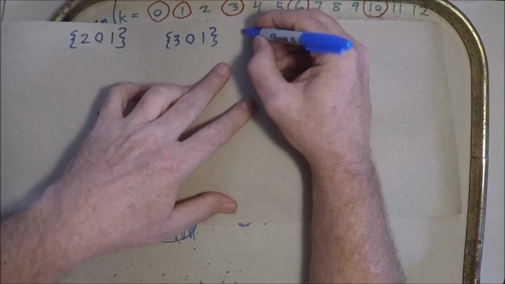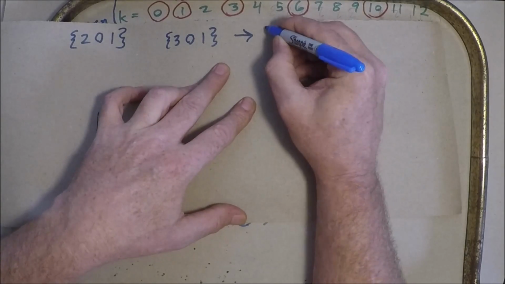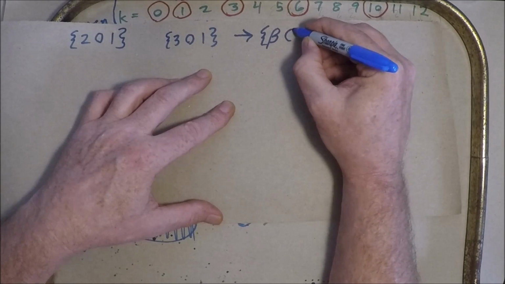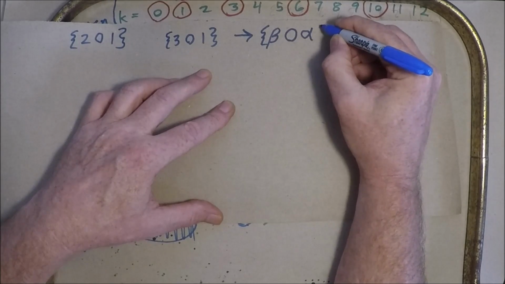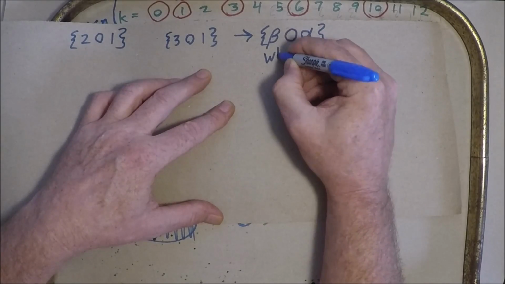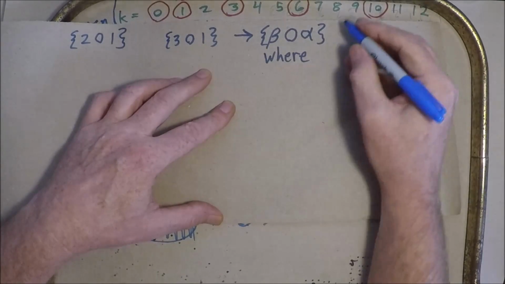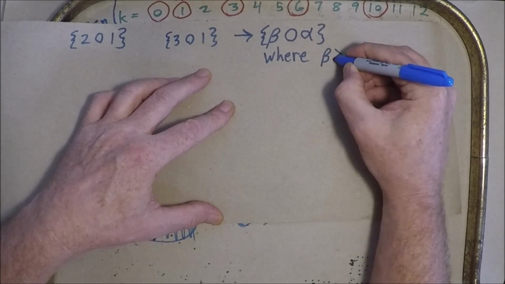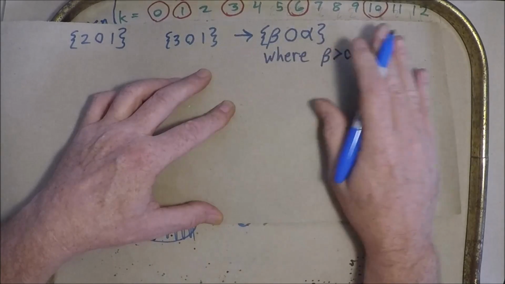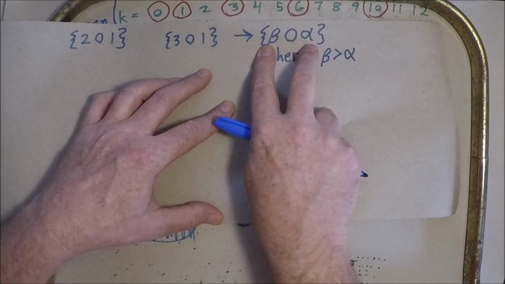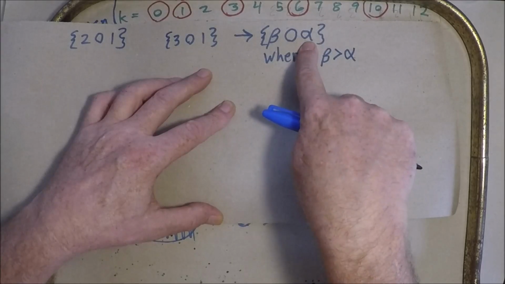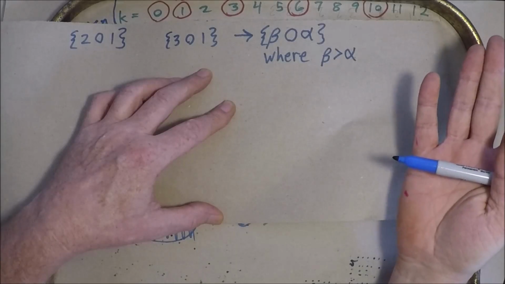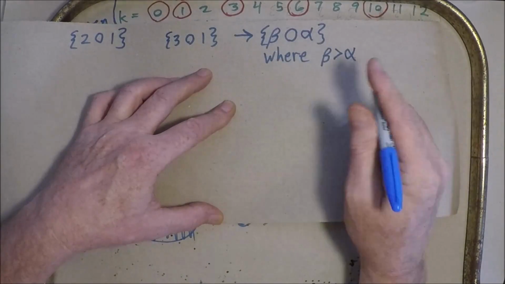What we find out is that this works for any beta 0 alpha, where we're going to say that beta is greater than alpha. That's just a convenience. These are distinct numbers. So alpha is always the lowest. That's just so we don't flip the quadratic and we just get a duplication in the opposite direction.